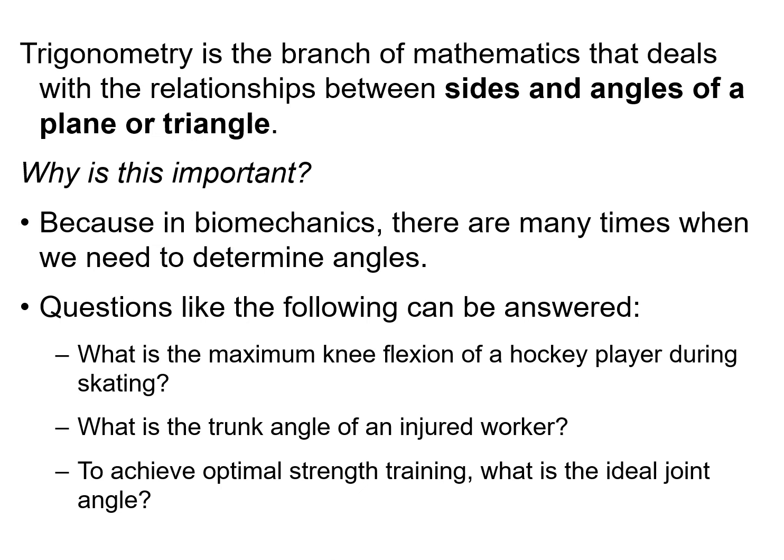What is the trunk angle of an injured worker? This is kind of important, especially when we look at lower back pain, is you very rarely see somebody with lower back pain that isn't kind of bent forward at their waist. If you've seen somebody sitting in an office chair, which I'm doing now, and because I'm doing this on a kind of small laptop, I'm kind of hunched over the laptop a bit, so my back is not going to thank me later.